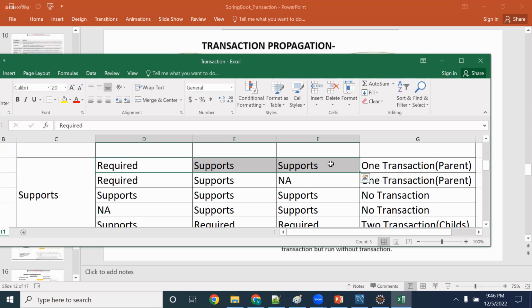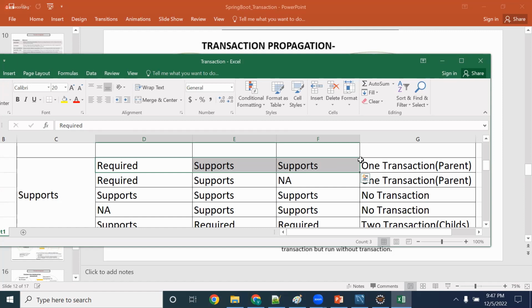That is completely managed by the framework. Required supports gives only one transaction object. Required supports NA gives one transaction object, which is at the parent level. But supports alone, no transaction. Supports is not going to create a transaction. If I am idle, father is idle, son 1 is idle, son 2 is idle, no control, right? No data, no money, no transaction.